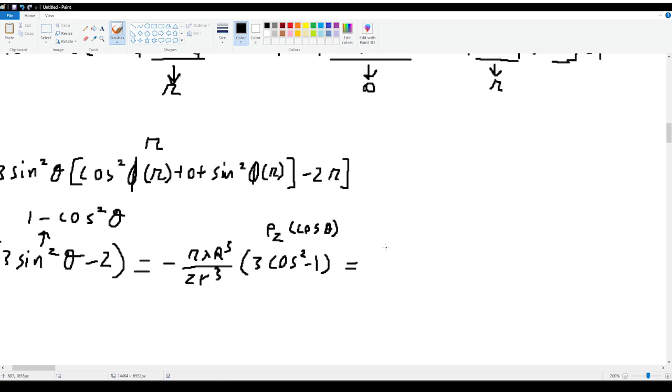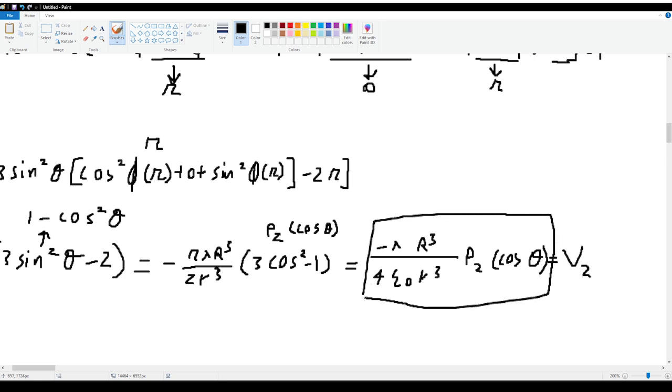And remember that we have to also multiply it by the 1 over 4 pi epsilon naught from the beginning, because this was just the summation part. And so what we end up getting once we multiply that is this right here. And this is the final answer for the second term.